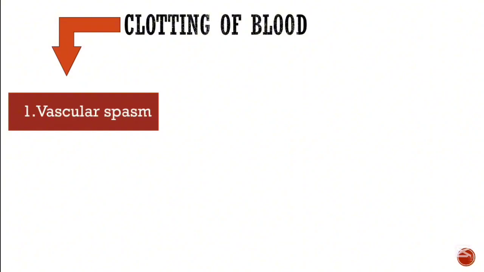So clotting happens in three stages. The first one we have is vascular spasm. Vascular means the blood vessels, and the spasm means the constriction of blood vessels, which is called vascular spasm.